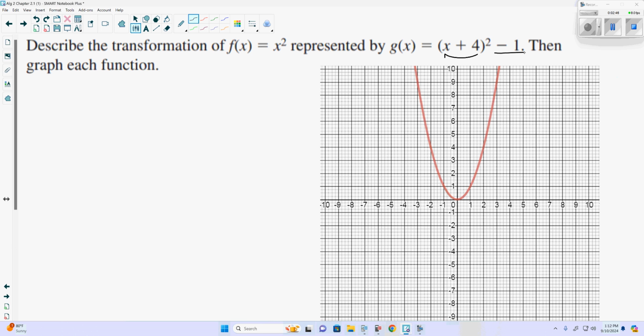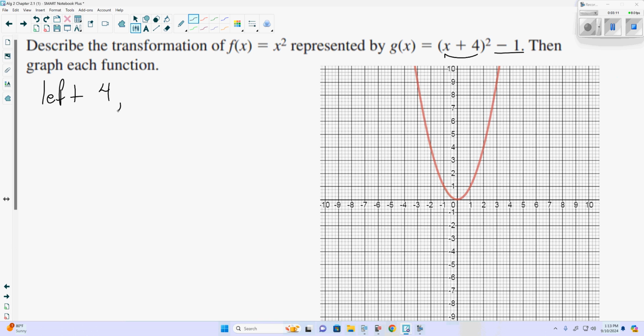The plus 4 inside the parentheses tells us it moves to the left or to the right. The amount that we move is 4. Now the question is, is it moving left 4 or right 4? It'd be left, because since it's plus 4 inside the parentheses, it's the opposite of what we think. So it would be left 4.